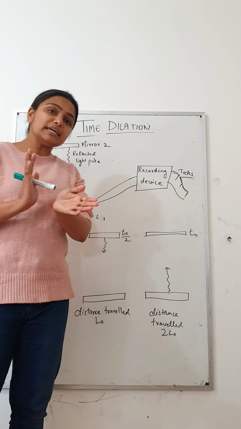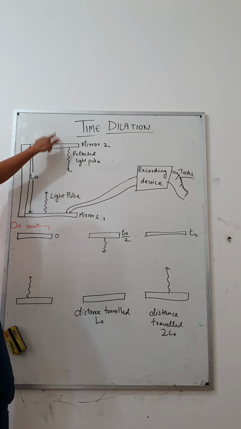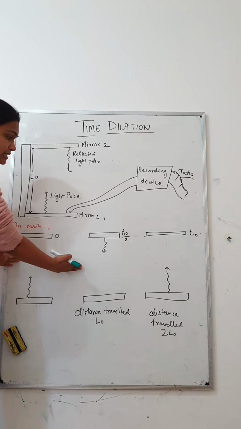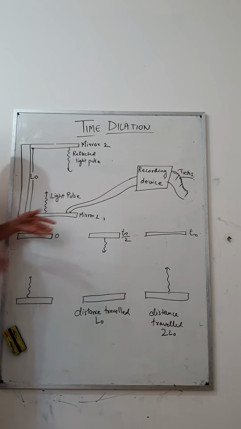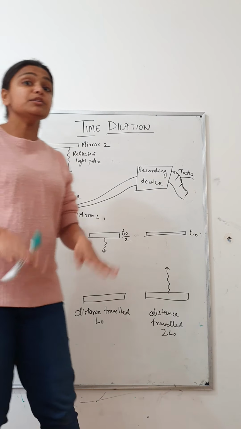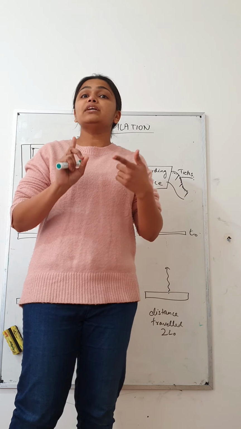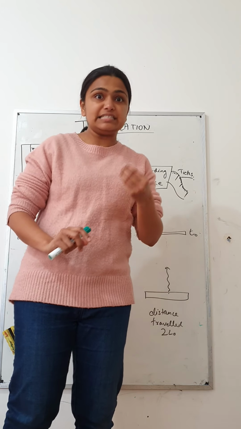So what is the tick? It is when the light pulse travels from mirror 1 to mirror 2 and back to mirror 1. This is shown in the second part. On Earth, what are we recording? Because the observer is also on the Earth, we are recording proper time, so we will be talking about T0.